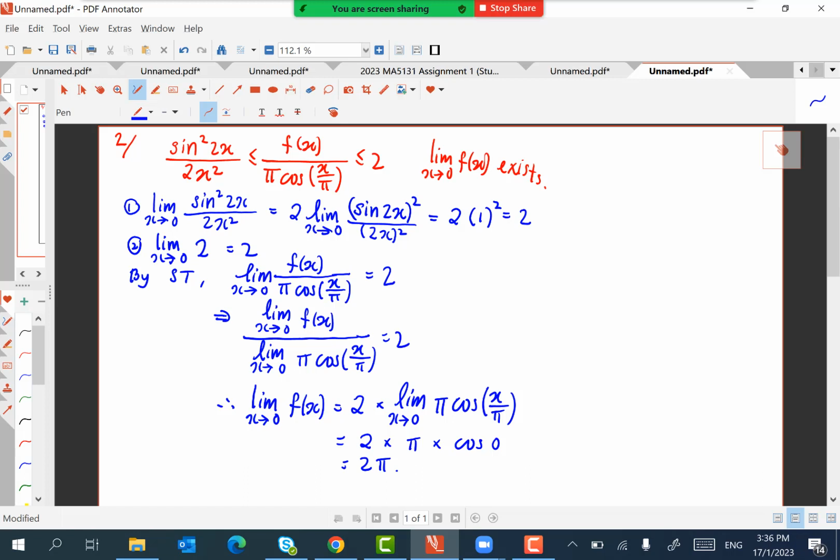Differentiation again, chapter 2. We are learning what is differentiation. Okay, please spend a bit of time for question 3, then go through together.